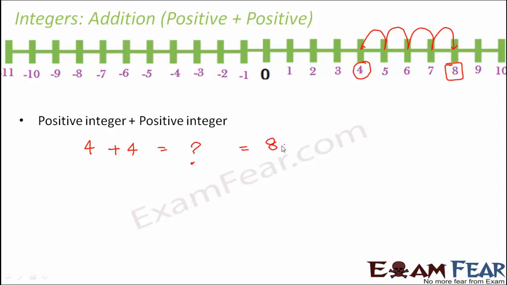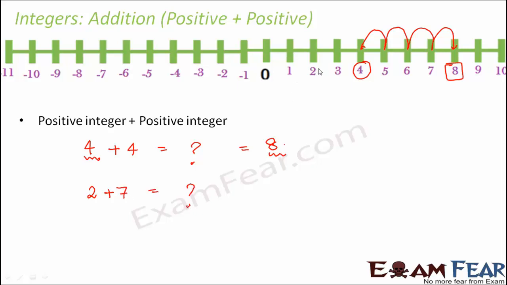So here also, do you observe something? Whenever we add a positive number to an integer, the overall value increases. For example, earlier the value of the integer was 4. The moment we added a positive integer 4 to it, the result became 8, and 8 is bigger than 4. Now let us look at another example. So let us say what would be 2 plus 7.